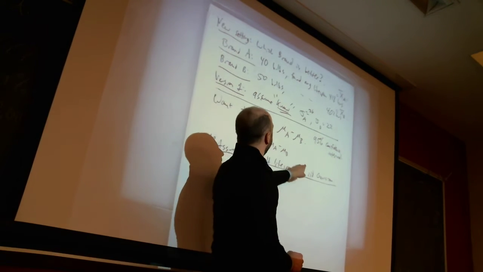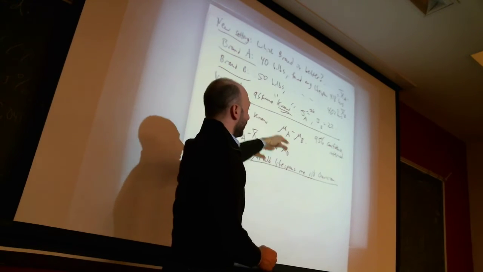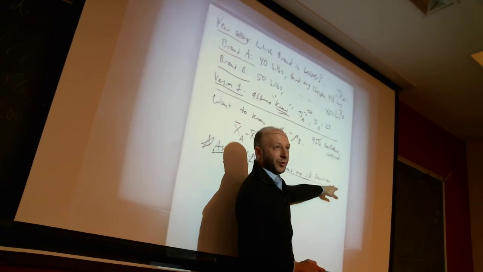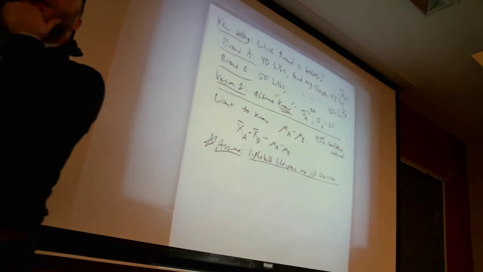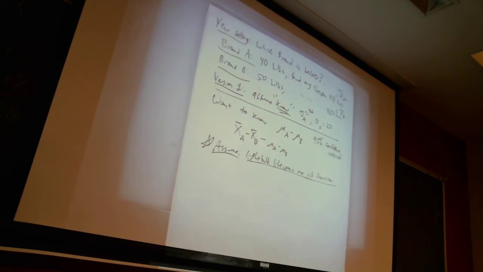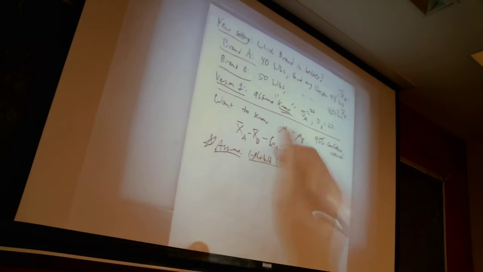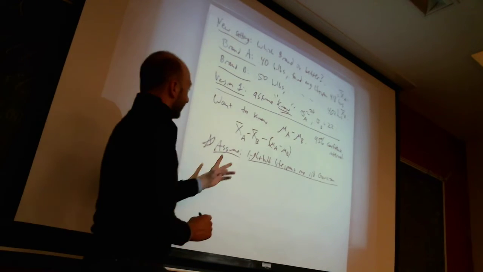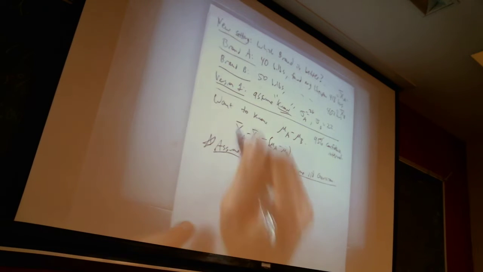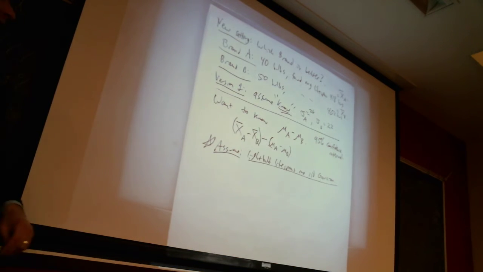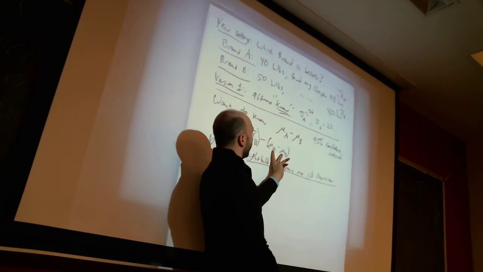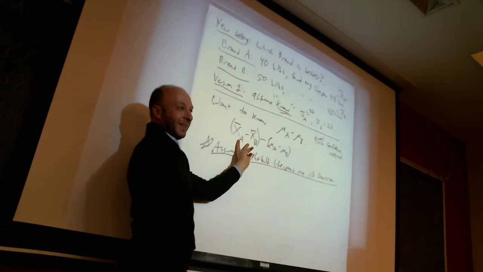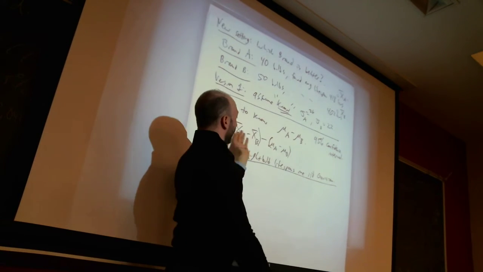They're not IID from brand to brand. There's one distribution for brand A, there's another distribution for brand B. Grant? Why are we subtracting x bar B, mu A, and mu B, or is there a parentheses? There's a parentheses. Thanks. Let me put the parentheses here too, just to emphasize. Right? The obvious estimate for this difference is this difference, and I want a confidence interval for this difference.